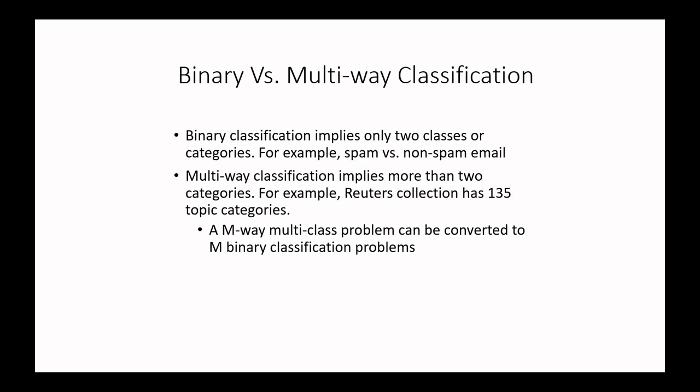So any M-class problem can be solved using a series of binary classifiers. That's why when people study properties of different classifiers and talk about theory, most of the time they limit themselves to a binary classifier. That doesn't mean those methods do not apply to multiple classes. It's just the way we want to do things.